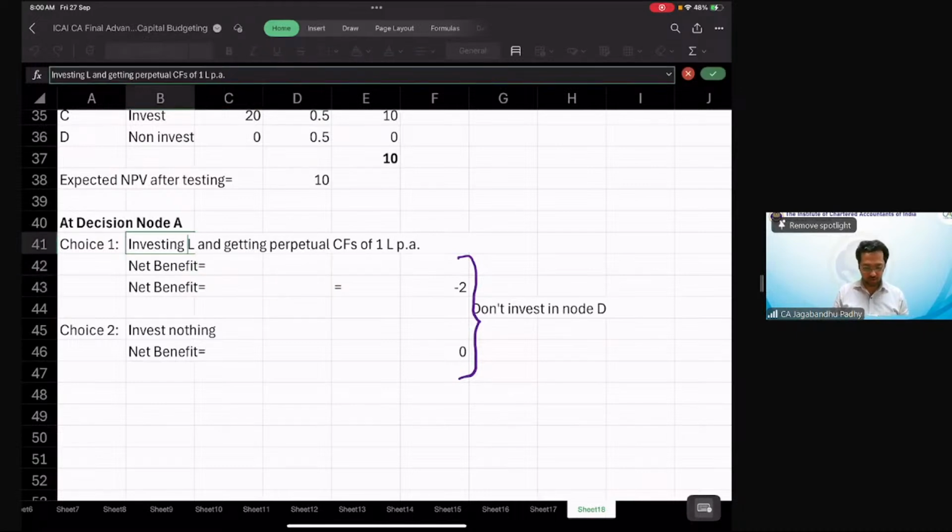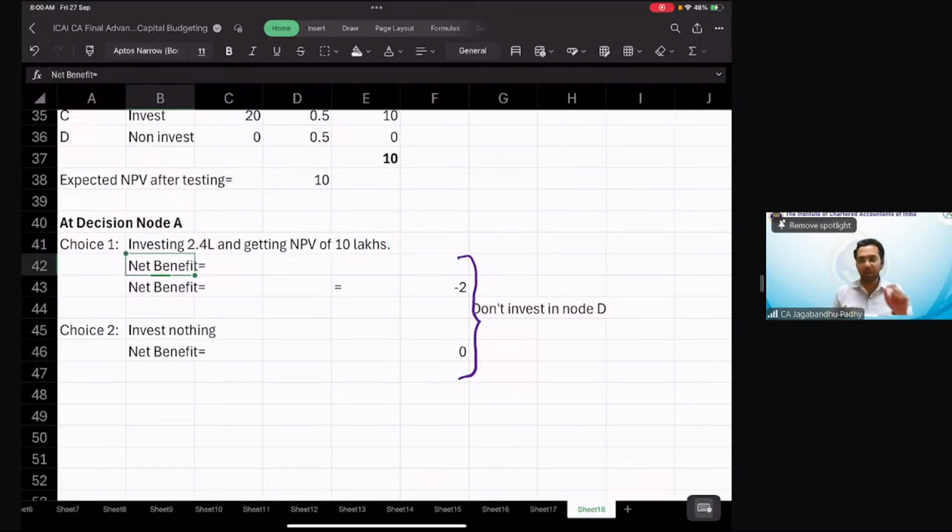The first choice is invest 2.4 lakh and get NPV of 10 lakhs. Being at node A, if you invest 2.4 lakhs, we are likely to get an NPV of 10 lakhs.